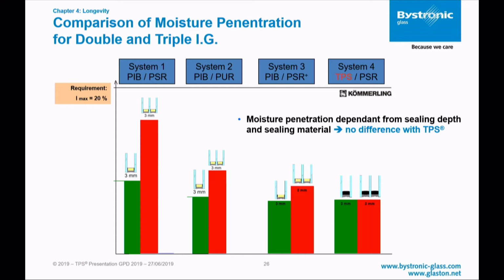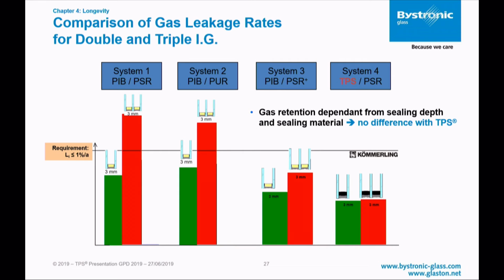I've made several tests, and you see the TPS material has the lowest moisture penetration in comparison to other systems. And the second point is the gas leakage rate. Also here, the TPS material has the lowest gas leakage rate that you can get.